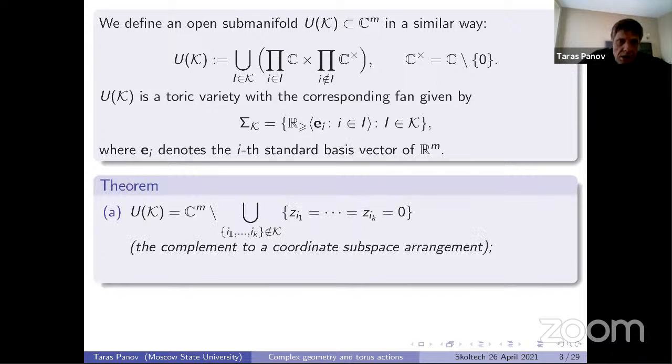All right, and then this toric variety is very well known in toric geometry. It's just a slightly different way of looking at it as a polyhedral product, but the more familiar way is as a complement of a coordinate subspace arrangement. So toric varieties can be defined originally by gluing affine pieces by the recipe given by a fan.